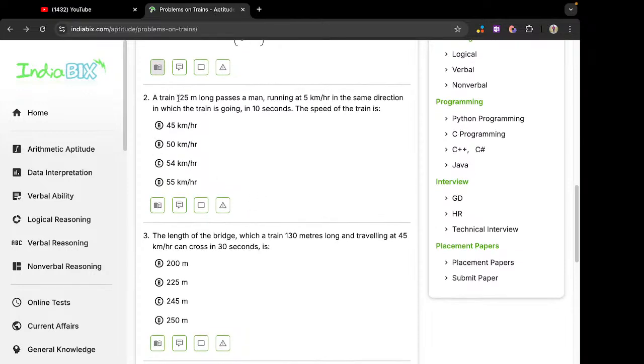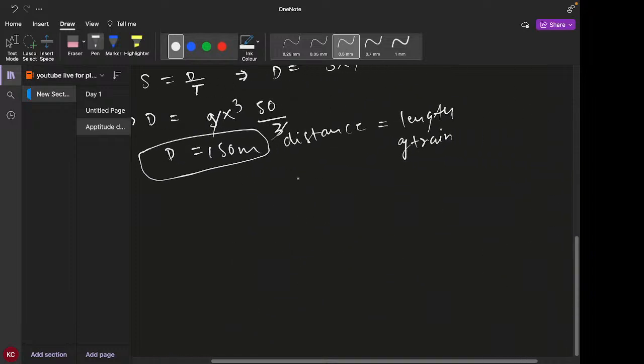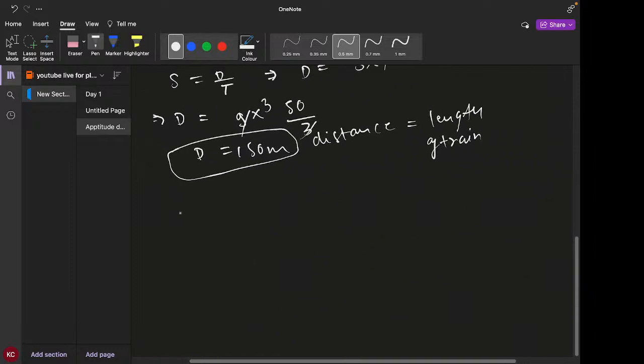A train whose length is 125 meter long passes a man running at 5 km/h in the same direction in which the train is going in 10 seconds. The speed of train is? So there is a train 125 meter long.